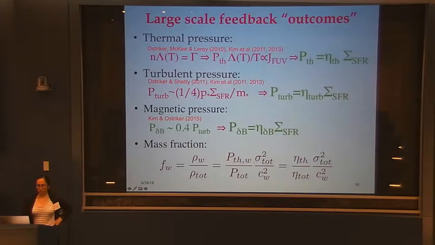And from a previous set of simulations, we found that it's about 40% of this. So that means that the turbulent magnetic pressure is similar to the other terms in the pressure in being related to the input star formation rate.